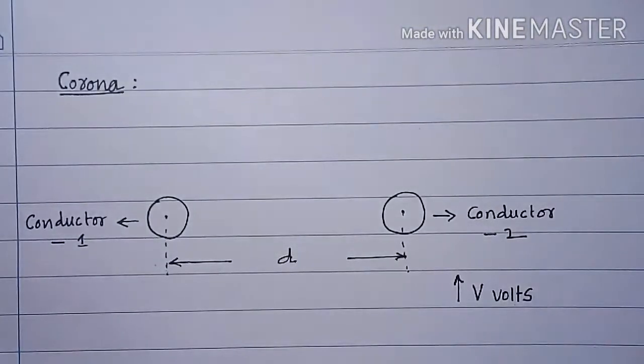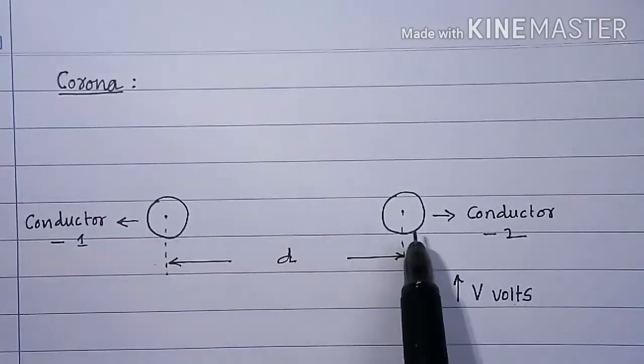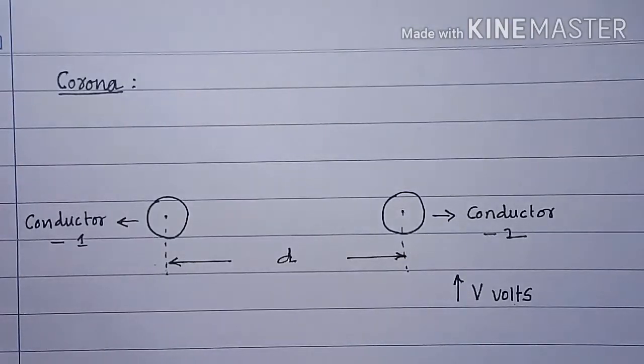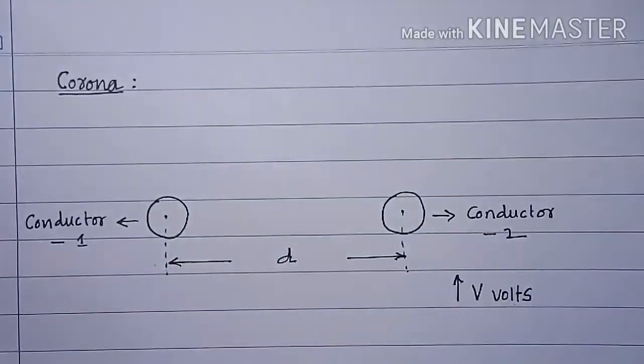Dear students, now I will take up the second chapter in second unit, corona. To understand corona, let us consider two conductors placed in air medium d meters apart.